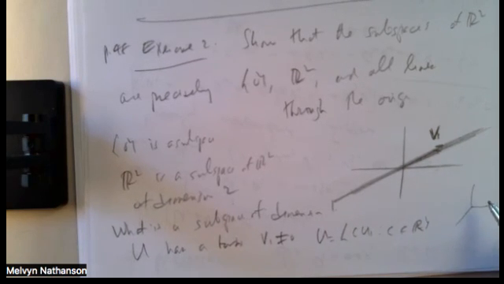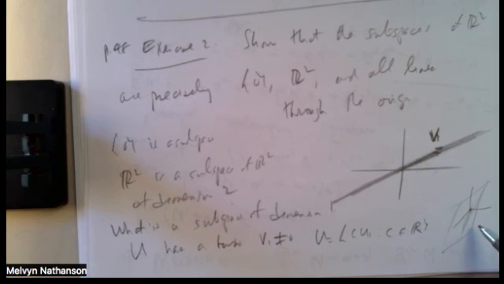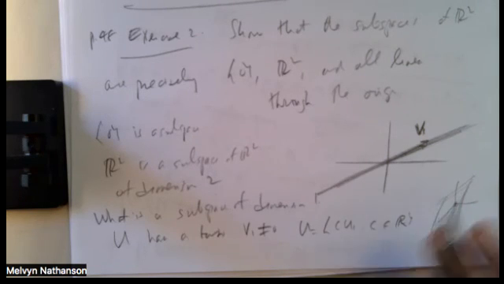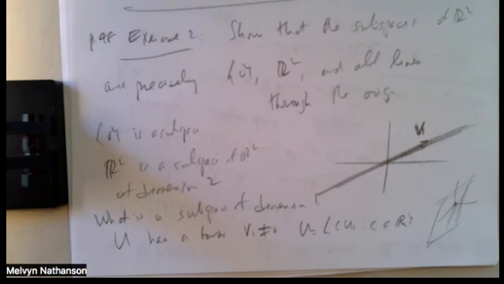In R3, the subspaces would be 0, all of R3, any line through the origin, and the two-dimensional subspaces would be planes through the origin. A plane that goes through the origin is a two-dimensional subspace, and every two-dimensional subspace is a plane that goes through the origin. It has to go through the origin because every subspace contains 0.